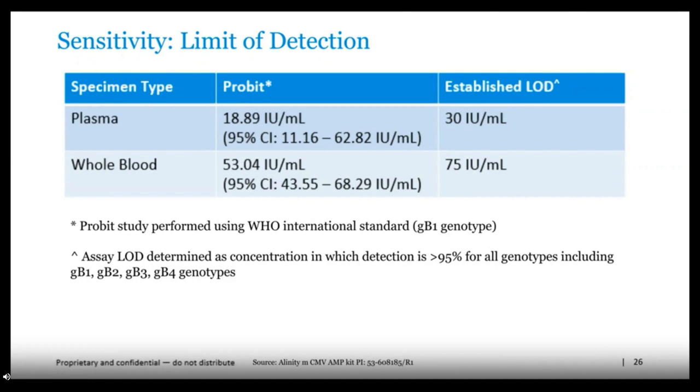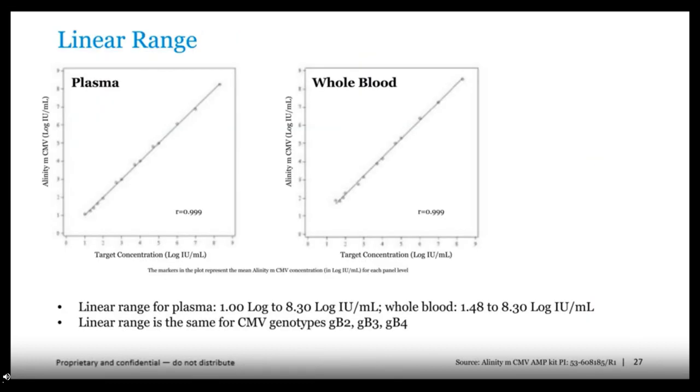The next column shows what the limit of detection was established via a panel of different genotypes of CMV, GB1, GB2, GB3, and GB4. And so the limit of detection set for the assay takes into account the different genotypes that might be encountered and is 30 international units per mil for plasma and 75 international units per mil for whole blood.